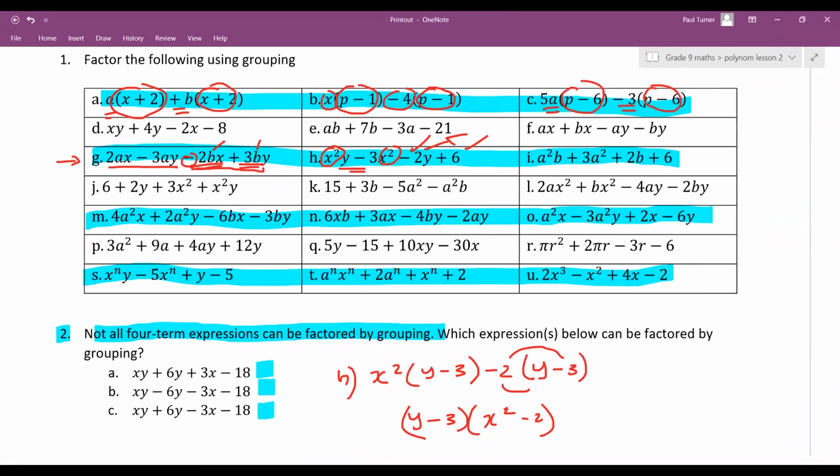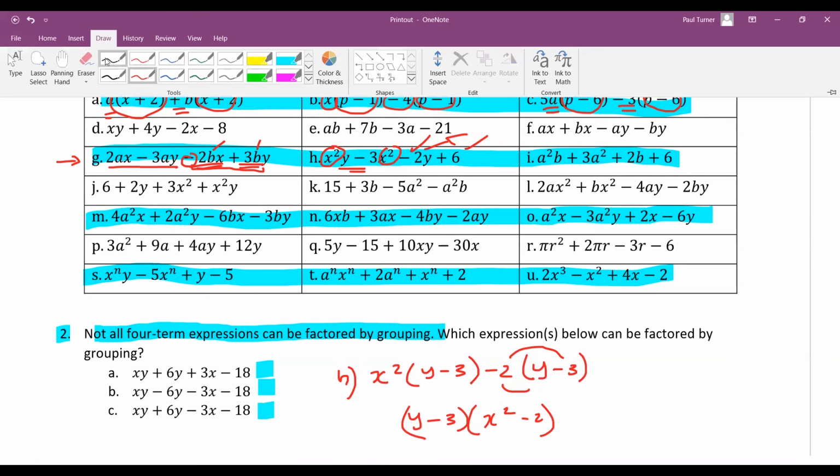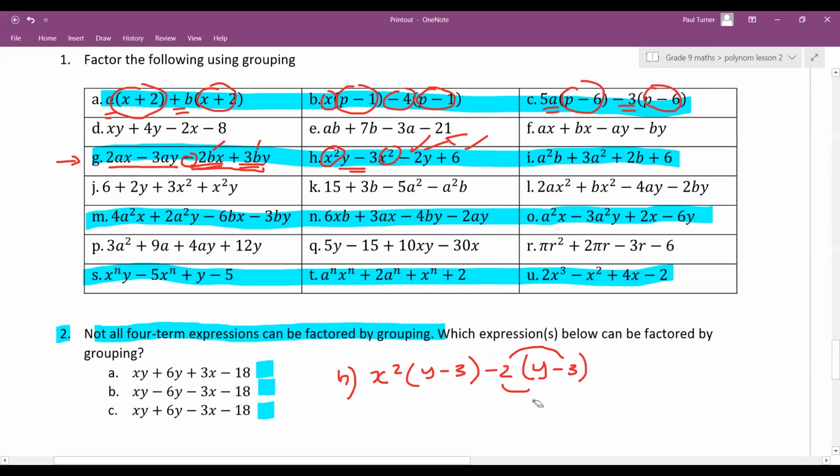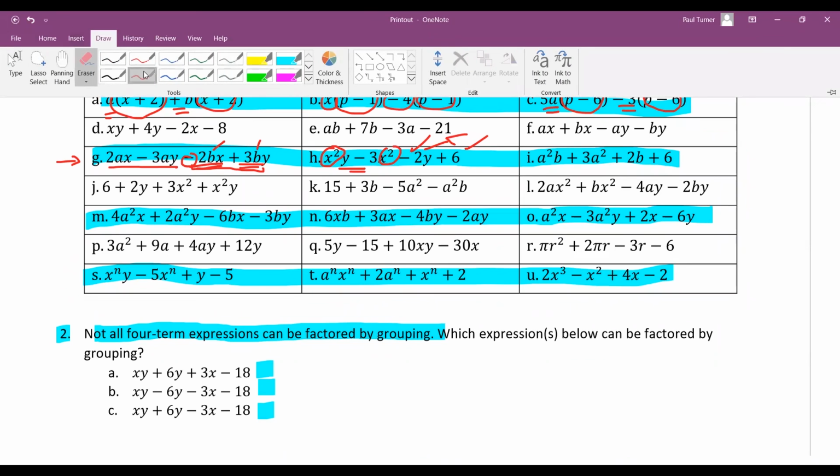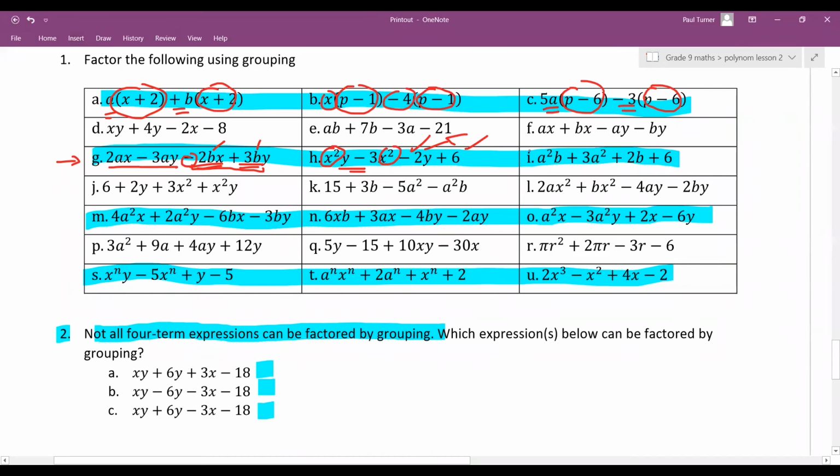And then question I will do. So you can see the common factor here will be a squared for that one. Okay, for question I, your common factor would be a squared.